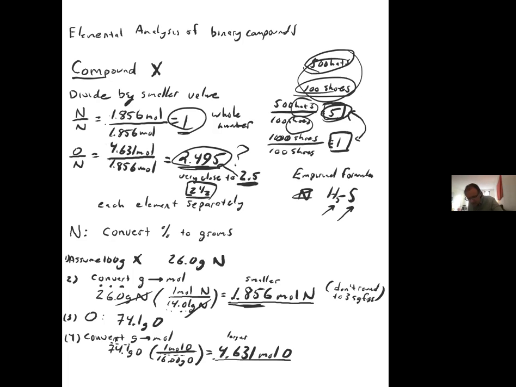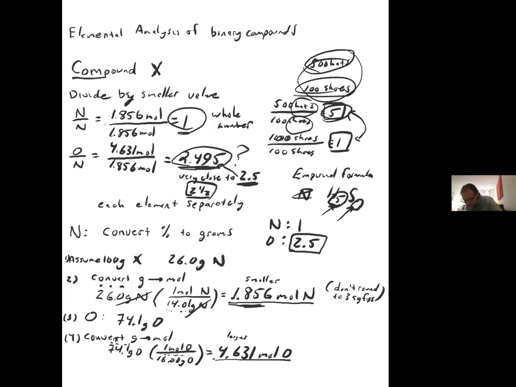That means our ratio is 1 nitrogen for every 2.5 oxygens. Now, that's still not a whole number, so how do you turn this into a whole number? The goal is to get small whole numbers for the empirical formula.